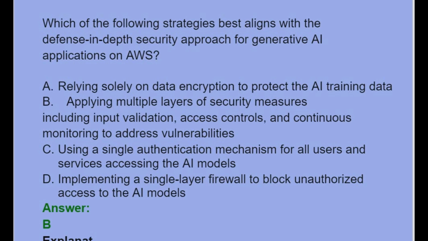Option C, using a single authentication mechanism for all users and services accessing the AI models. Option D, implementing a single layer firewall to block unauthorized access to the AI models. Correct answer is option B.